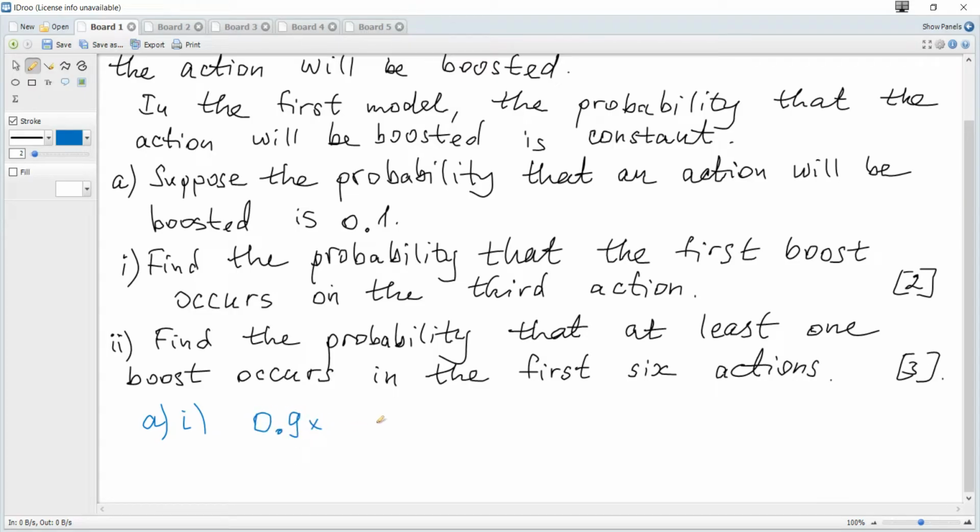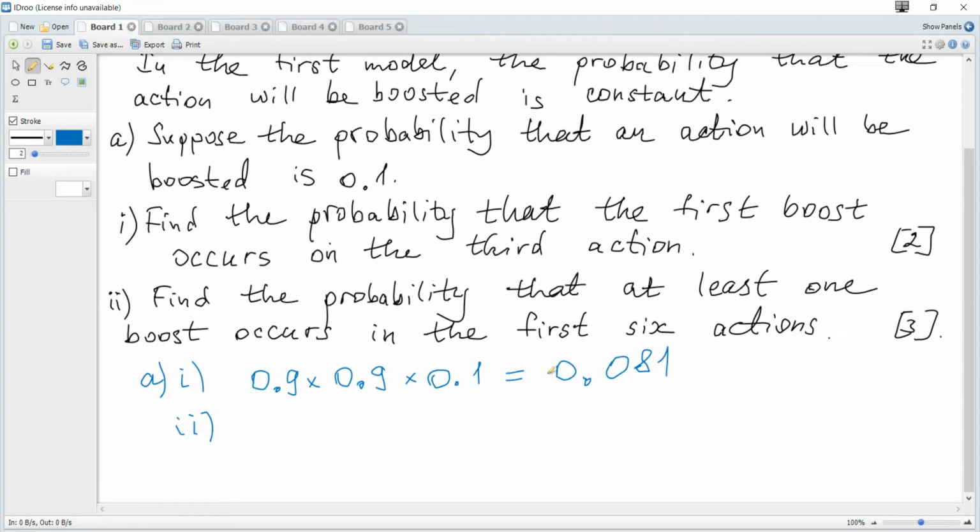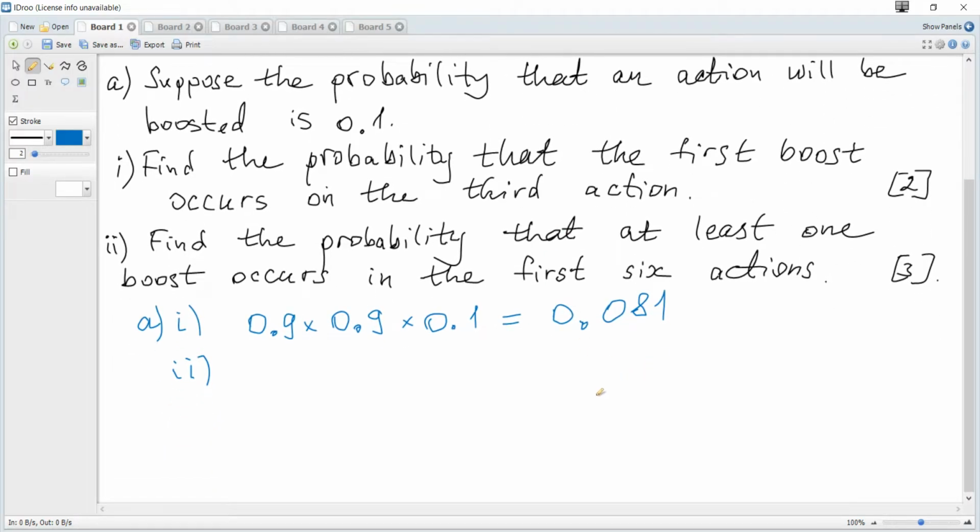It's "and", so it's multiplication: 0.9, also on the second trial 0.9, and 0.1 on the third action. You just need to calculate it, and it's 0.081.